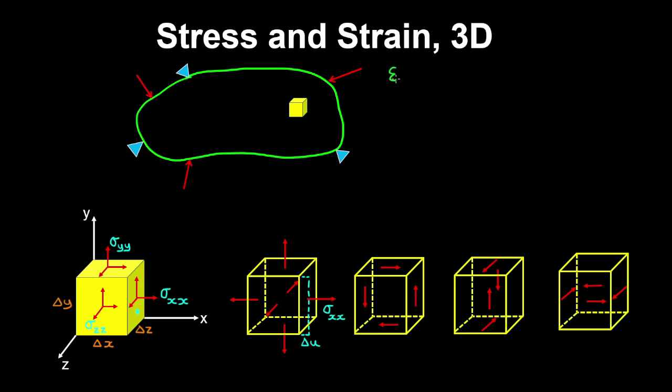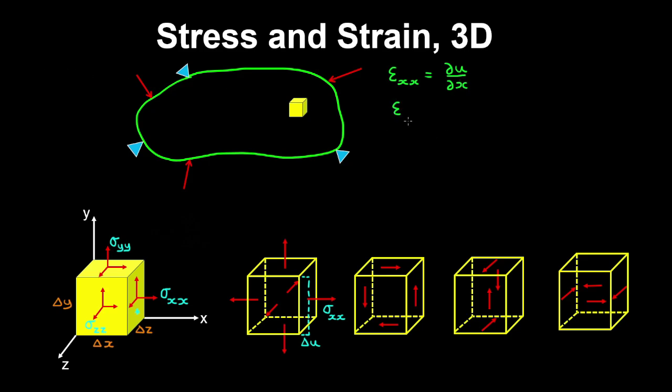So therefore the strain due to this axial stress in the limit is the change in u with respect to the undeformed length of the element. So in the limit we have the partial derivative.